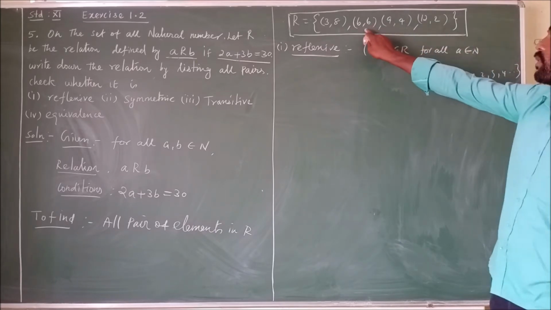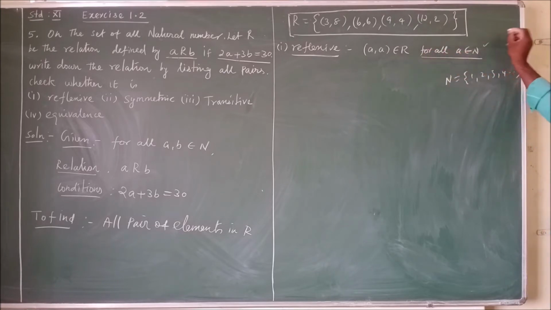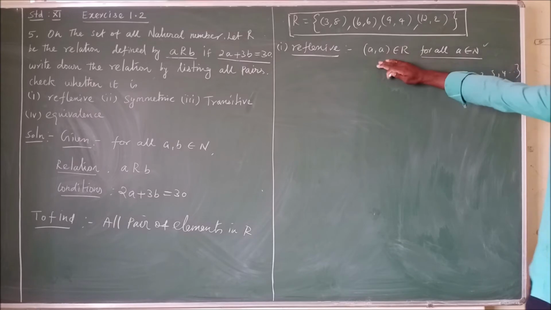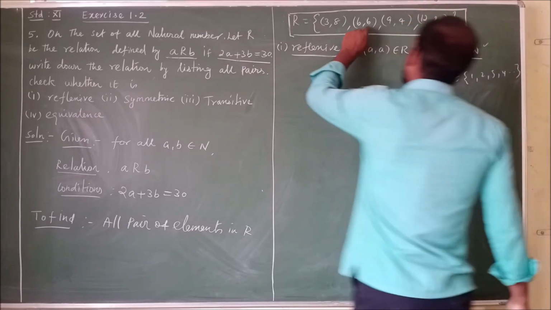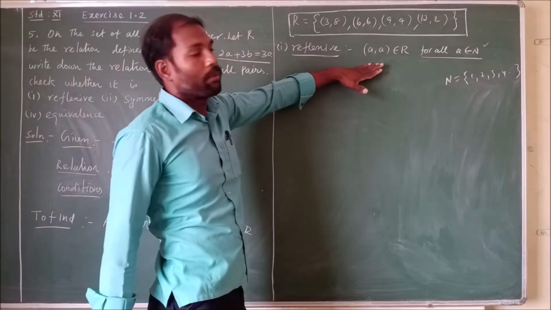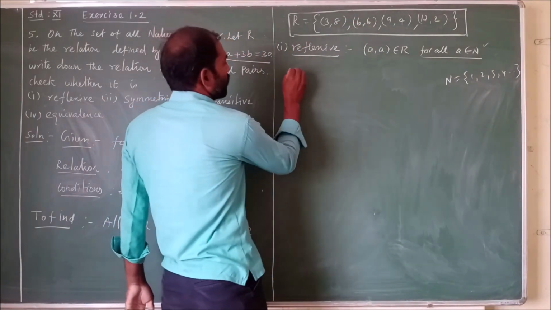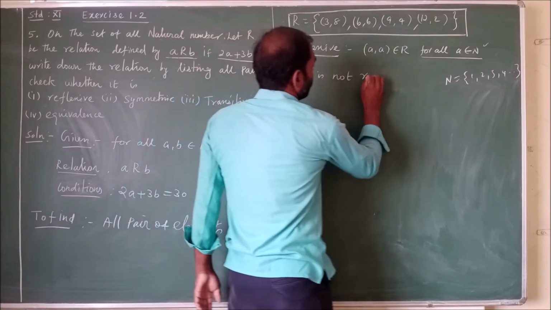Only 6, 6 is satisfied. It is clear that only one pair satisfies the relation, so it is not reflexive. Hence, the first one is: it is not reflexive.